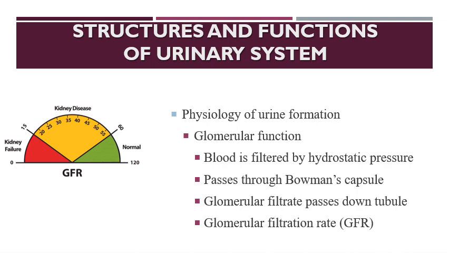A normal GFR level is between 60 and 120. Kidney disease or acute kidney injury can fall between 15 and 60, and anything below 15, the patient needs to have dialysis done.